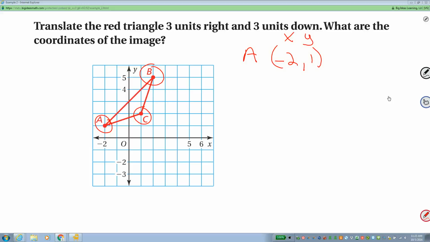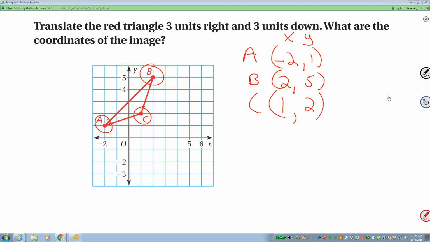Well, in this case, he said I went -2, and then I went up +1 to give me A. What about B? Go ahead, Ashley. All right, so B is over 2, +2, and up 5. And then C. Olivia. +2. So these are original coordinates.